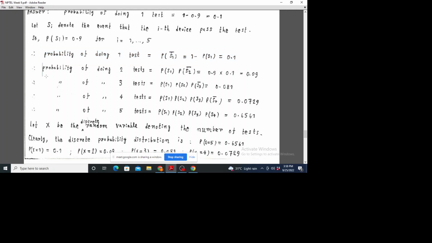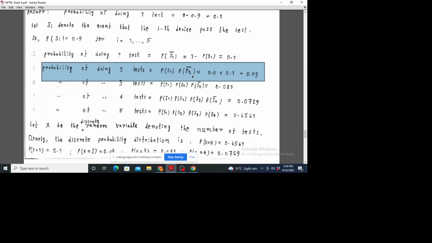Similarly, the probability of doing two tests is equal to the probability of X taking the value 2. For that, you have to pass the first test and then fail the second test. Otherwise, if you pass the second test, you will have to move to the third one.